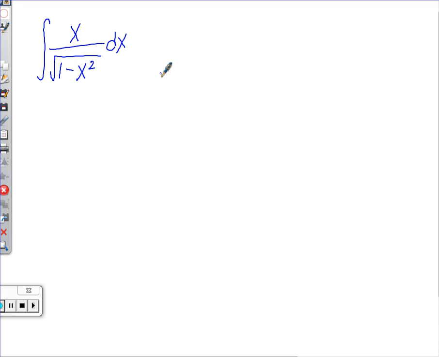U substitution. So this is not one of our problems. This is a U substitution problem. As obnoxious as that is, u equals 1 minus x squared. Du equals negative 2x. This is a classic U substitution problem. Negative 1/2 du equals x dx.